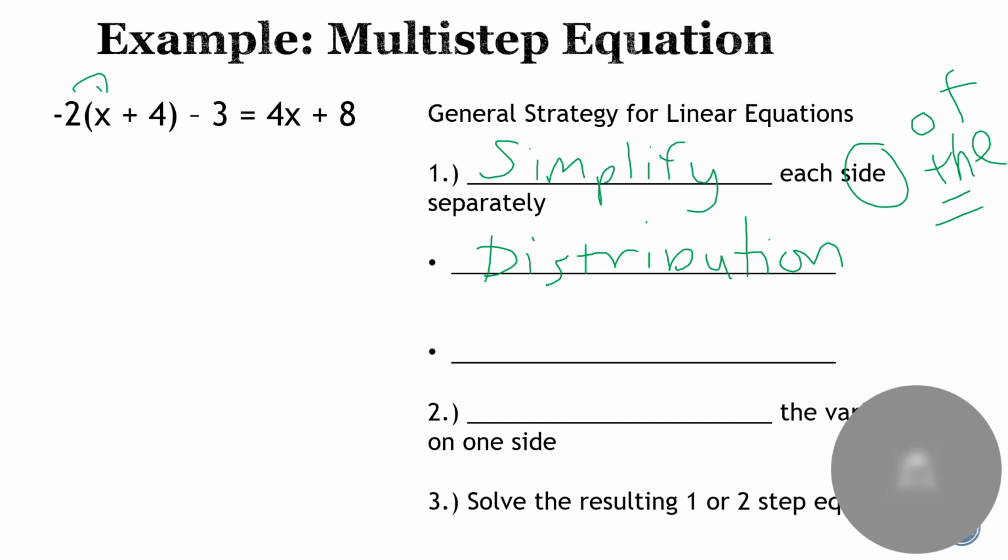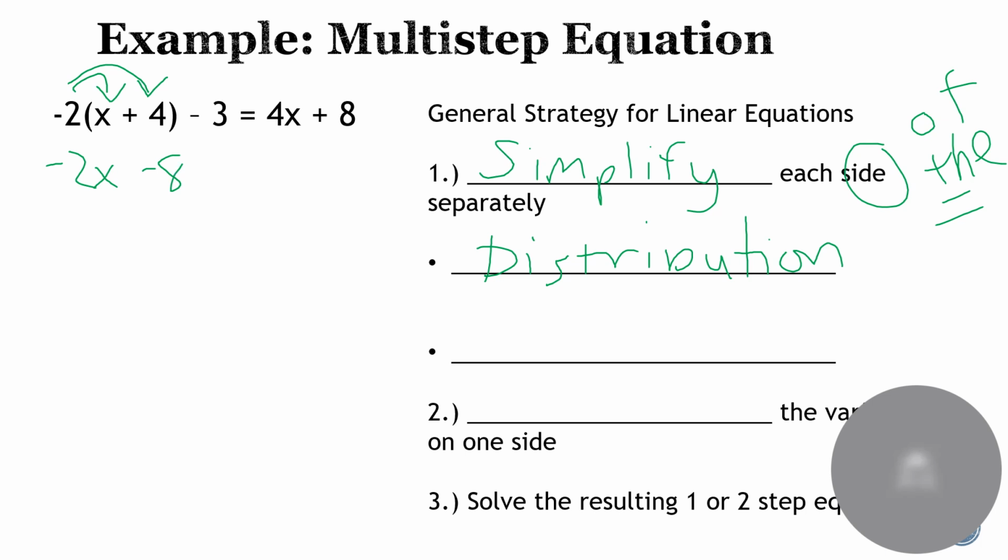Distribution is when you multiply through the parentheses. It is very specifically multiplication over addition or subtraction. And I know that's maybe a weird way for me to say it, but multiplication over the addition or subtraction, it means you're multiplying it through. So we would have -2 times x, which is -2x, and -2 times +4, which is -8.